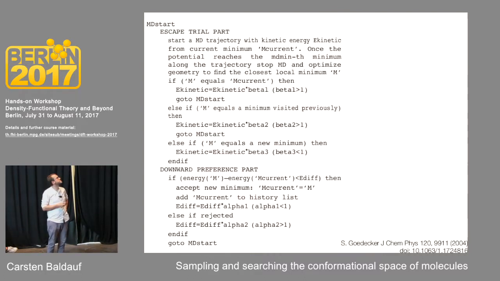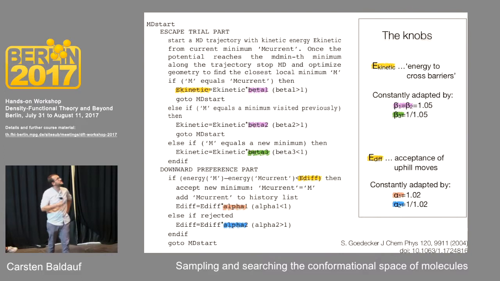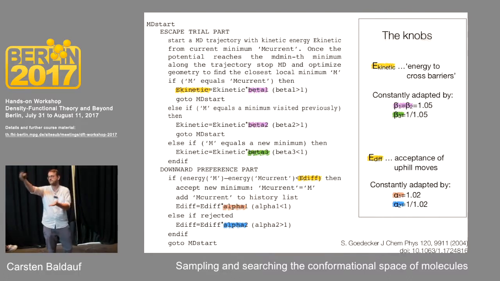And then there are, of course, things that you can adapt, where you can tune a bit. So you can, for example, tune this kinetic energy here. This is the energy that you give the system in this initial MD simulation, or this escape MD. If you kick it harder, it might fly farther away.